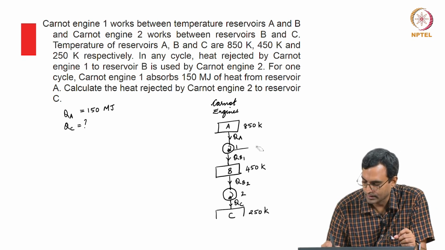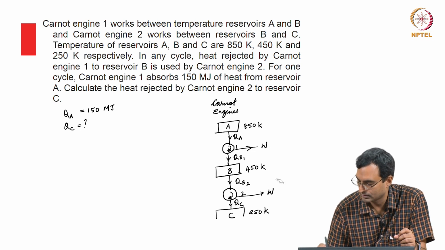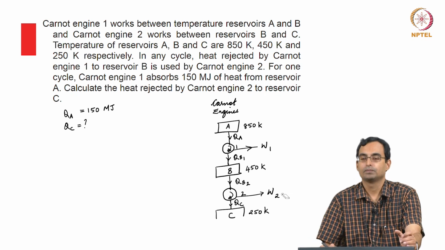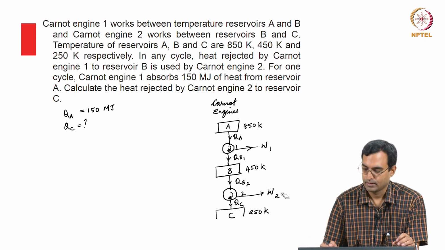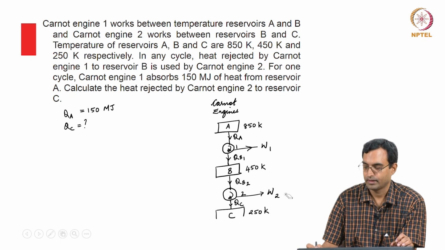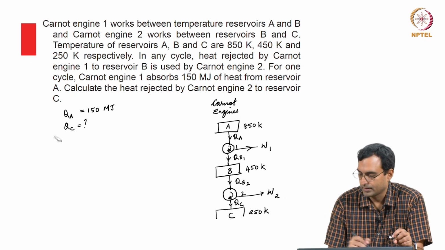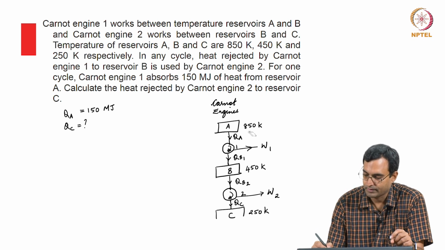Of course, these are Carnot engines, so they would give out work, of say W1 and W2. So this is what is given. These are Carnot engines, so therefore they are reversible engines. Because they are reversible engines, we can write some expressions.